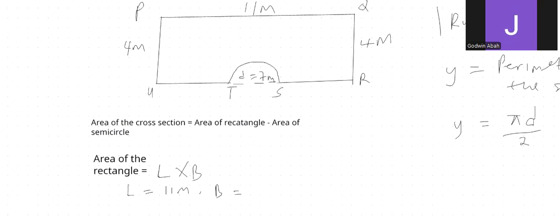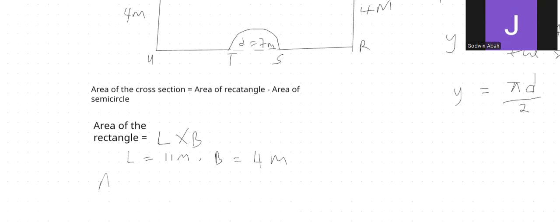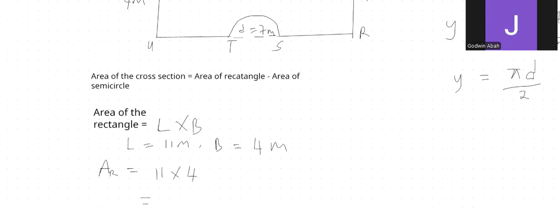So the area of the rectangle, AR, is equal to 11 multiplied by 4, which gives us 44 meters squared. That is the area of the rectangle.